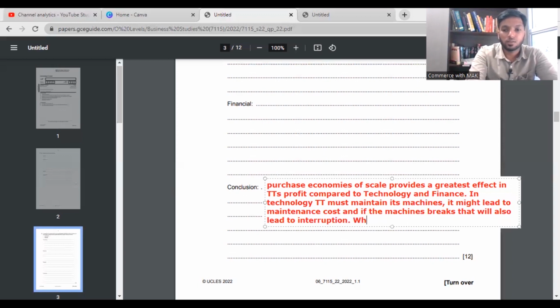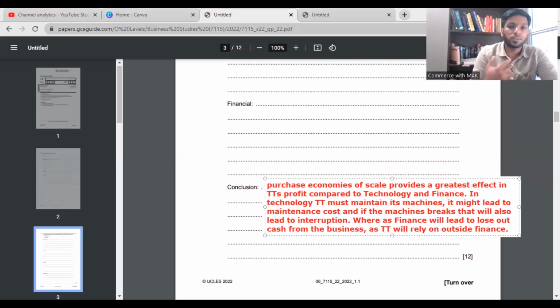Whereas finance will lead to lose out cash from the business, as TT will rely on outside finance.